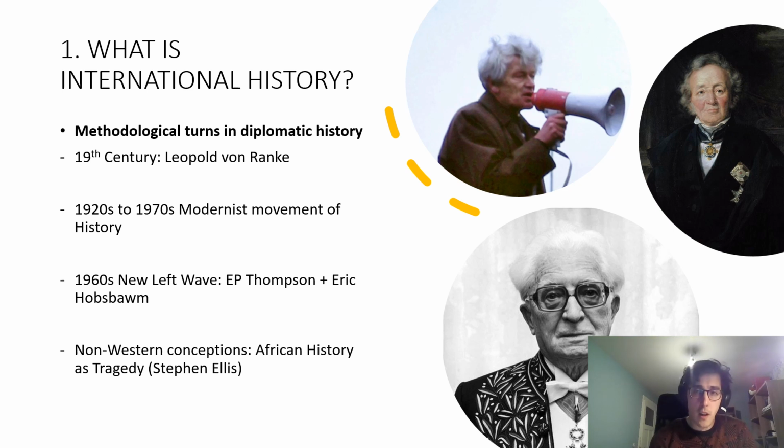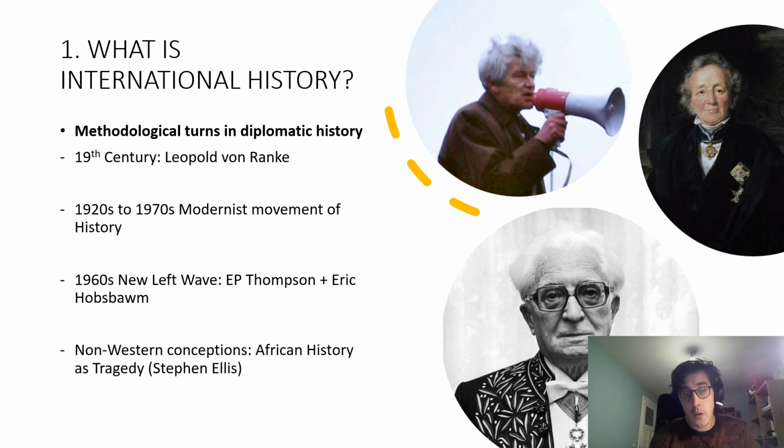Methodologically, when we talk about methodology, it is this question of what do we pay attention to when we write history, and each of these movements says, well, hold on, you should be looking at this, because if you really want to understand history, this is the key driver of the historical process, which is an incredibly interesting dialogue that we'll dive into more and more as the course progresses.